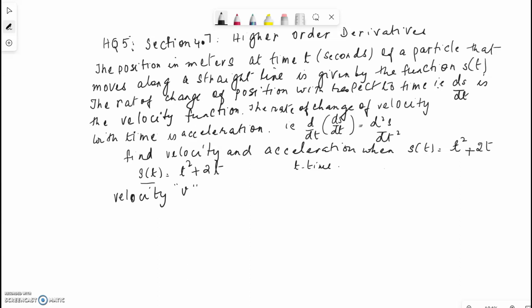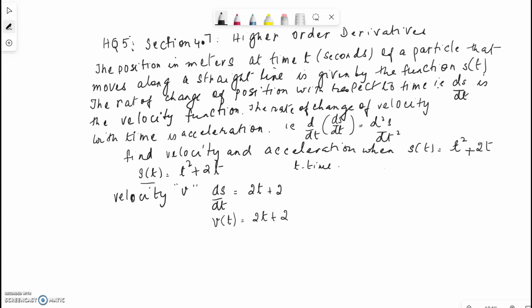What that means is ds by dt, we are differentiating the function s of t with respect to t, that is equal to 2t plus 2, because d by dt of t squared is 2t, and d by dt of 2t is 2 times 1, which is 2. So ds by dt, which is the first derivative of the position function, is the velocity function. So the velocity depends on time again.